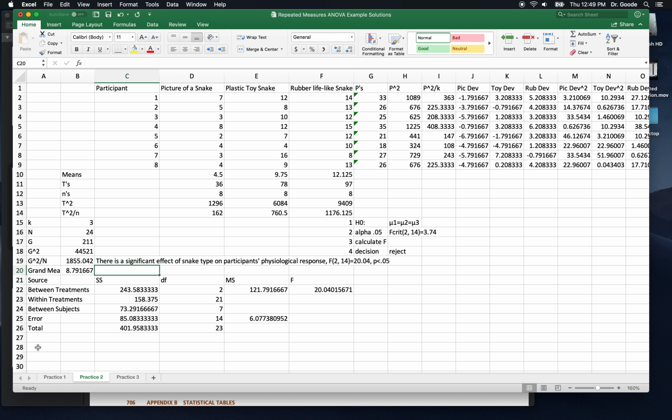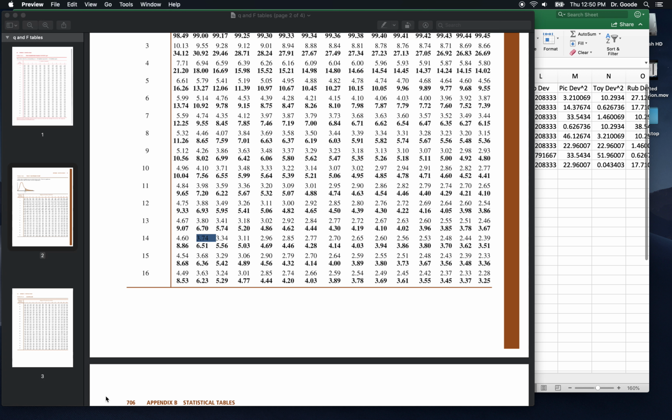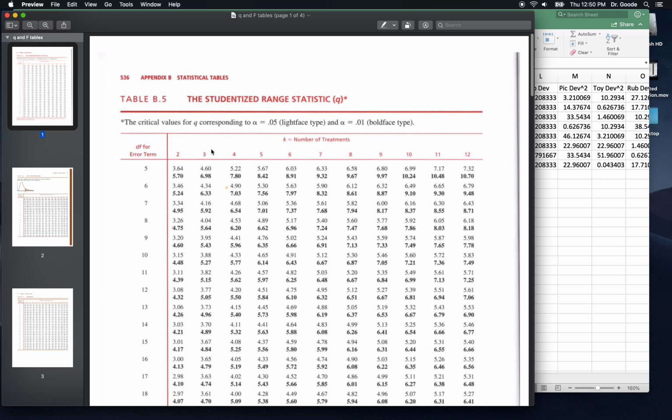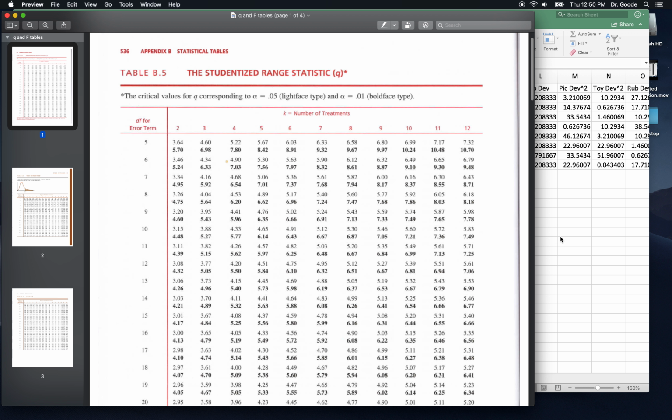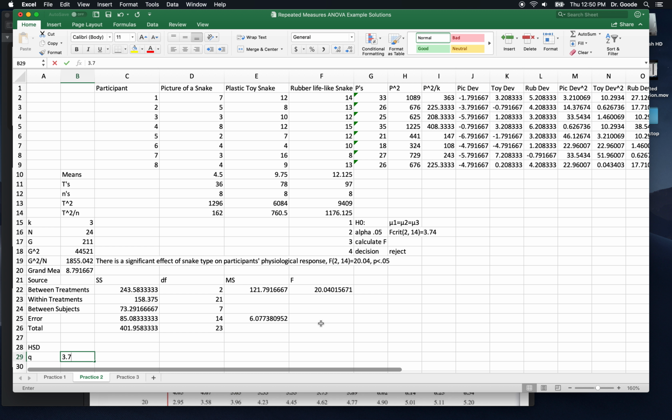Now, you know that means we need to do Tukey's HSD, which means we'll need Q. Q then is going to be evaluated on 3 and 14 degrees of freedom, so 3.7. And then HSD is equal to Q times this quantity, the square root of our mean squared error divided by n.